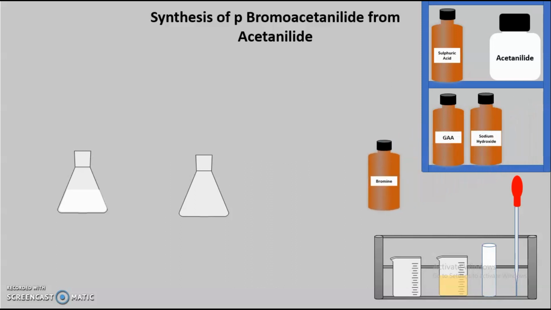Then, second, we have to prepare the solution of bromine in glacial acetic acid. Here you can see that we have taken the bottle of bromine. We will add the required quantity of bromine into the second conical flask, to which we will add the glacial acetic acid.